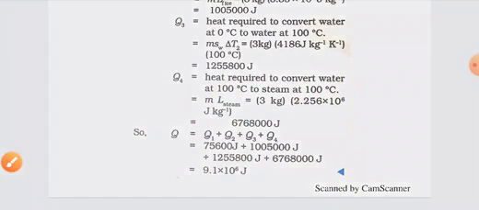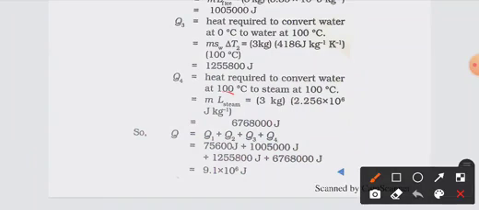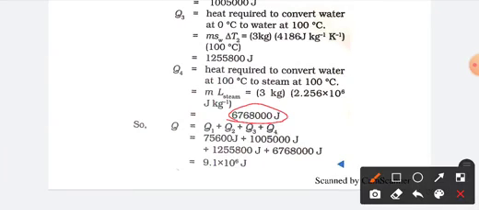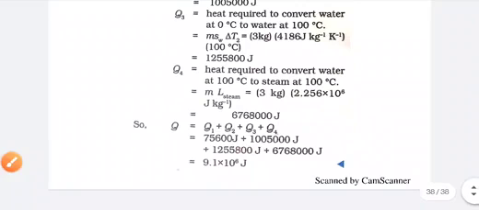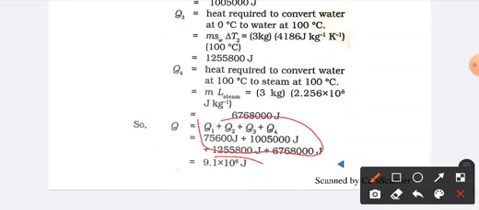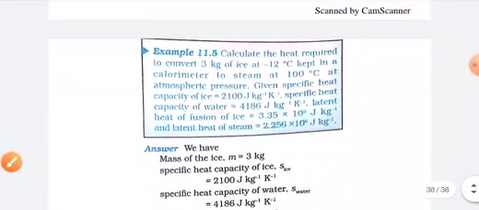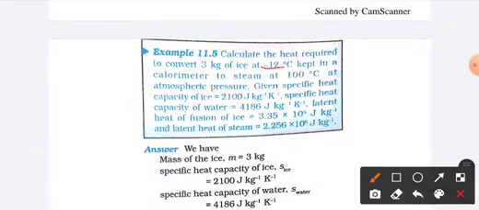That means again the heat will be given in the latent heat form, that is mass into latent heat of steam, and this will be given by this value. Then we will add up all these heats and we will get the final answer. That means this much amount of heat will be required to convert 3 kg of ice at minus 12 degrees Celsius to 100 degrees Celsius steam.